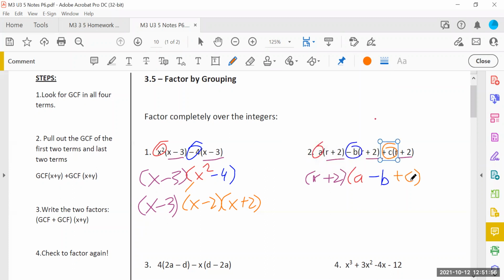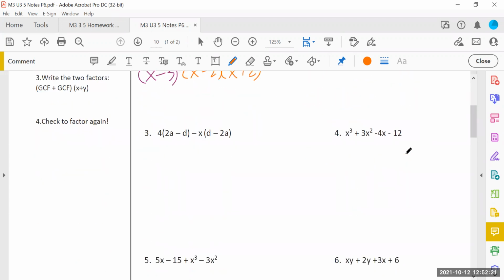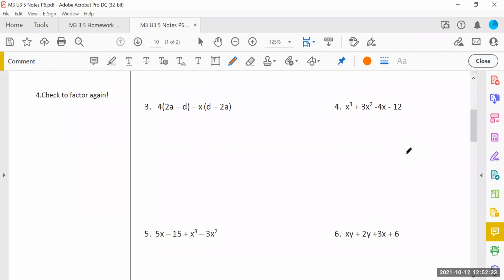So notice how everything that was multiplied by r plus 2 goes in that parentheses, a minus b plus c. Does that make sense? And again, if I distribute it out, it's a times r, a times 2, negative b times r, negative b times 2, c times r, c times 2. The same thing I would have gotten if I had just done the distributive property at the beginning. So again, done there.